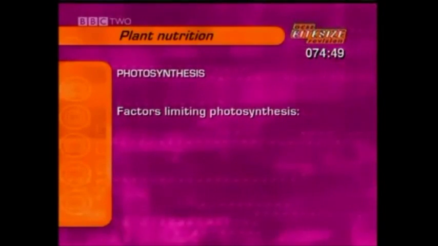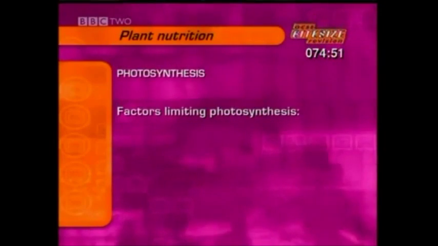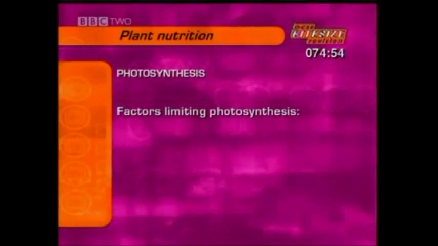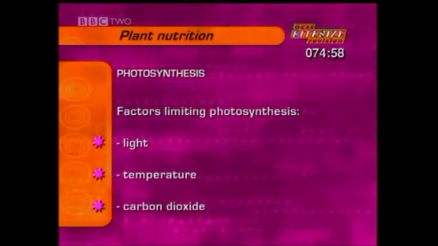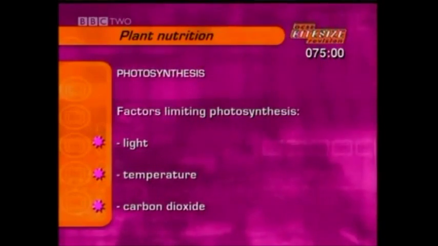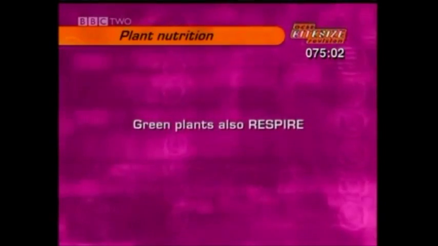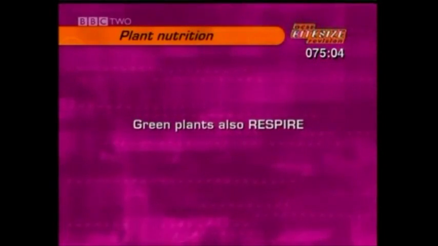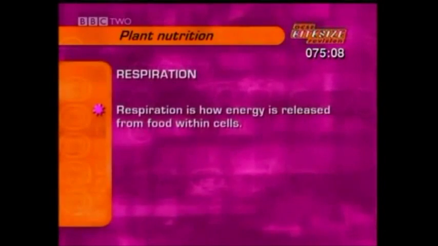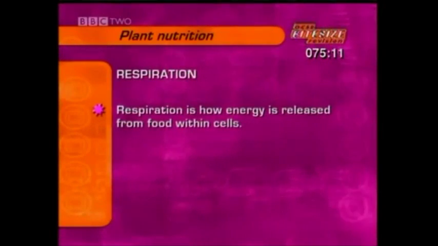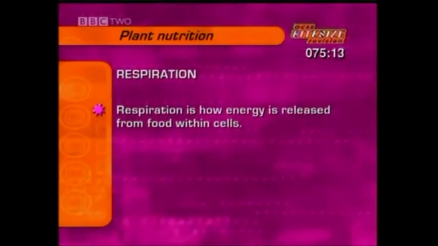The rate of photosynthesis is normally limited by one or more of the following factors: the amount of light, the temperature, and the amount of available carbon dioxide. As well as photosynthesizing, green plants also respire. Respiration is the process by which energy from food is released within cells.